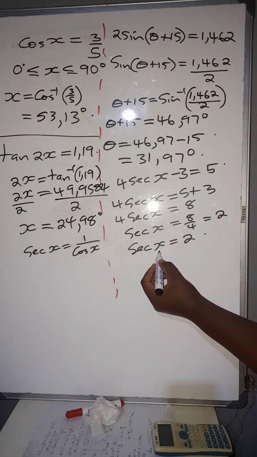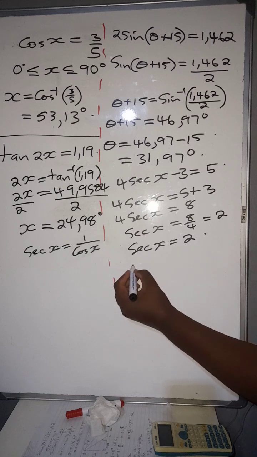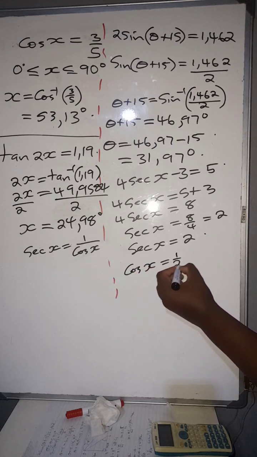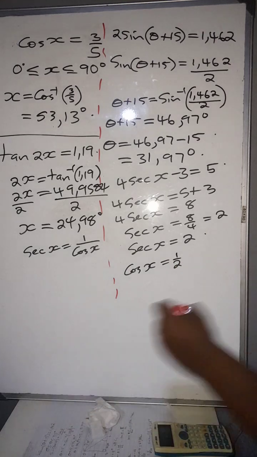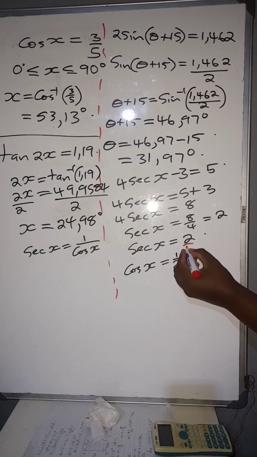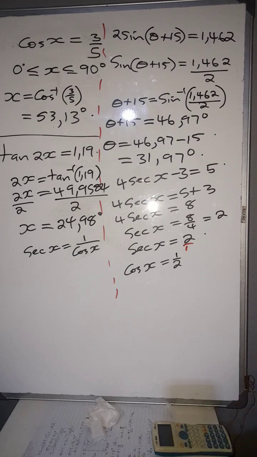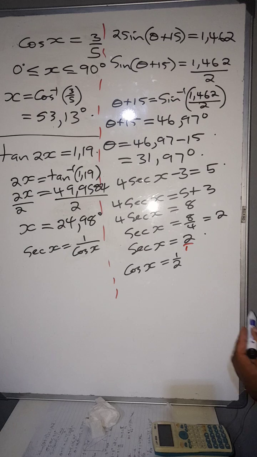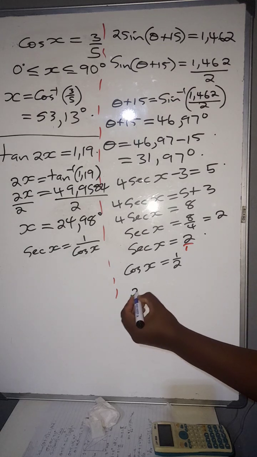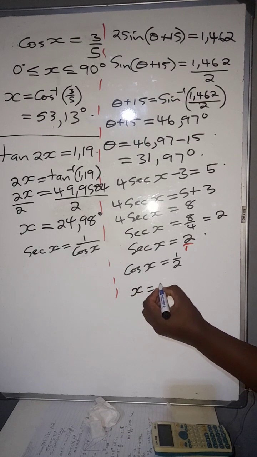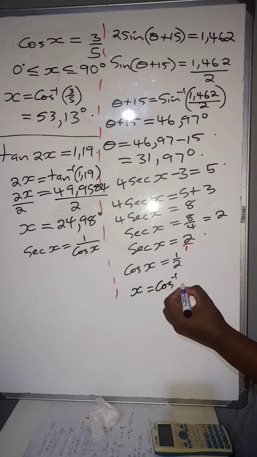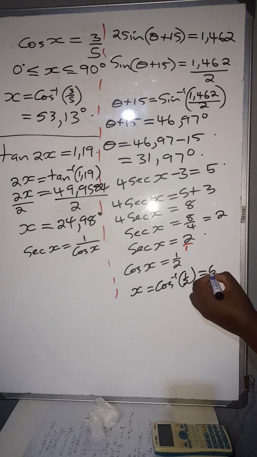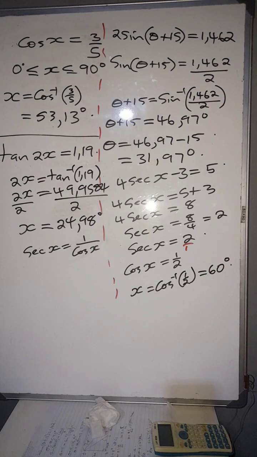So if sec x is equal to 2, cos x will be equal to 1 over 2, right? Because this 2 is 2 over 1. So if we flip it, it's going to be cos x is equal to 1 over 2. Now we can deal with our x. X is equal to shift cos 1 over 2, which is equal to 60 degrees.